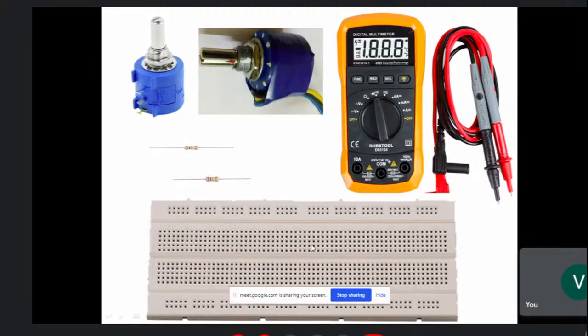This multimeter is used for current measuring, or we should say replacing the galvanometer. We can use the multimeter and the breadboard. Before the breadboard, we used that hero board.